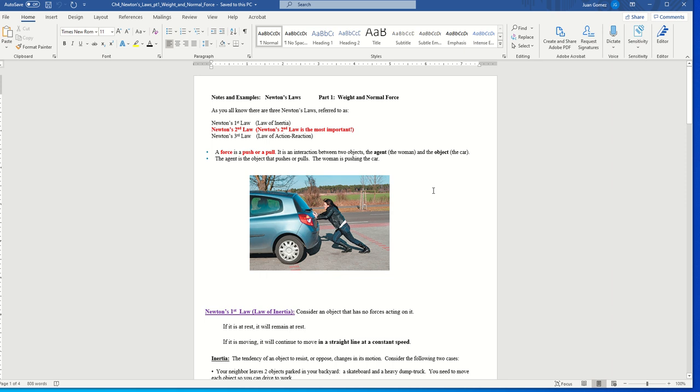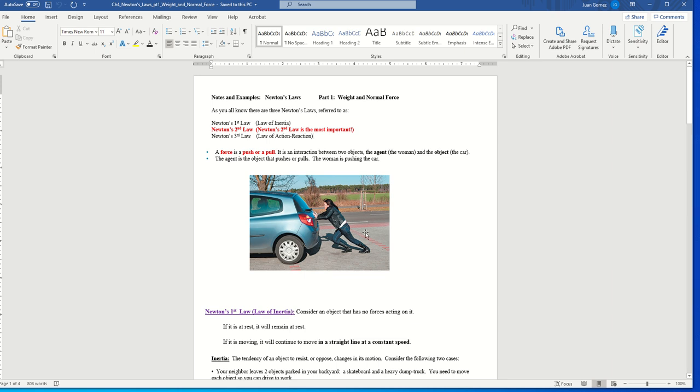It is an interaction between two objects. Sometimes they're called the agent and the object, but I'm not real big on that. Basically, a force is a push or pull that occurs as a result of an interaction between two objects.